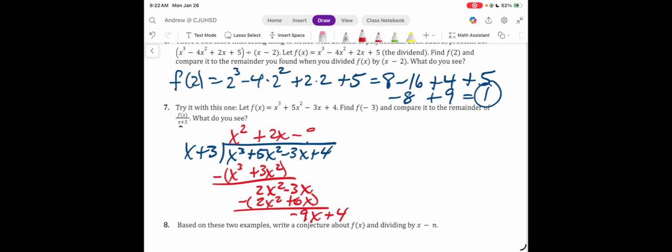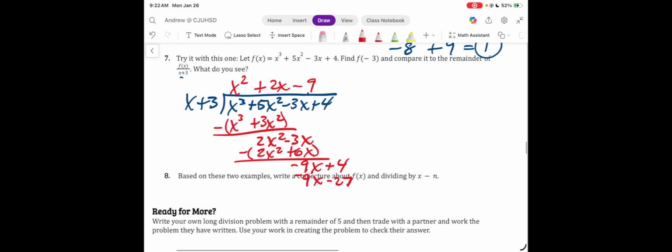Then minus 9 gives negative 9x minus 27. If I subtract them, 4 plus 27 is 31.